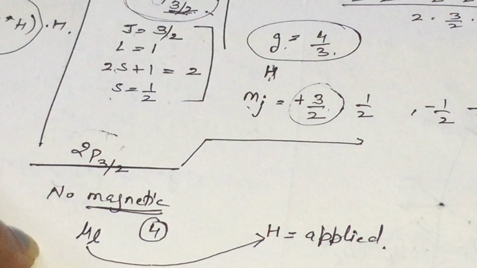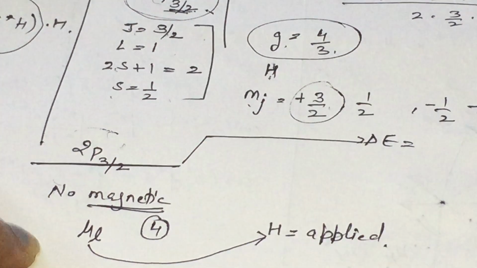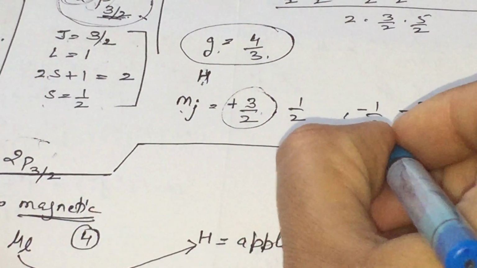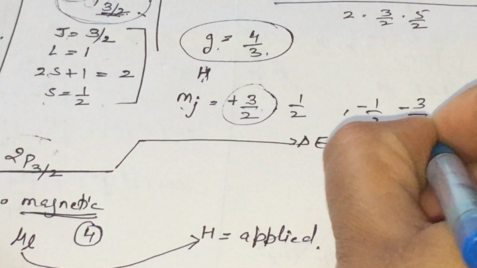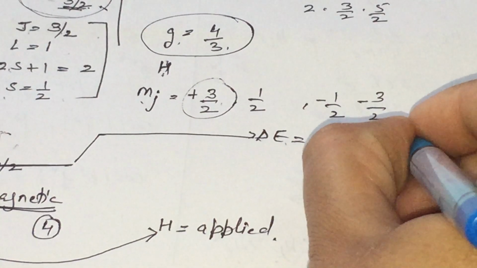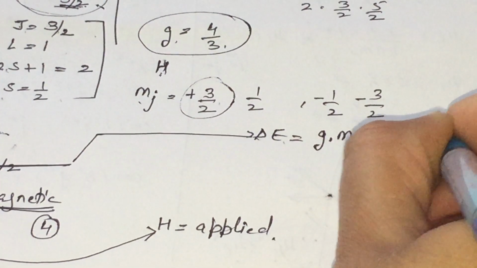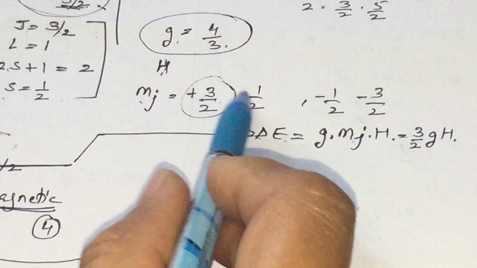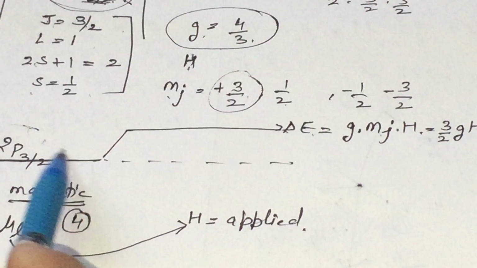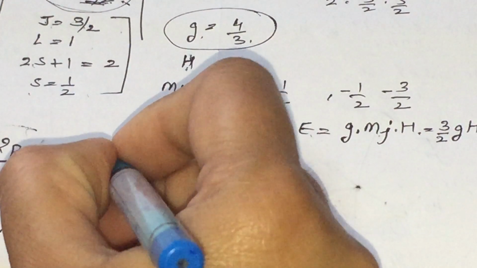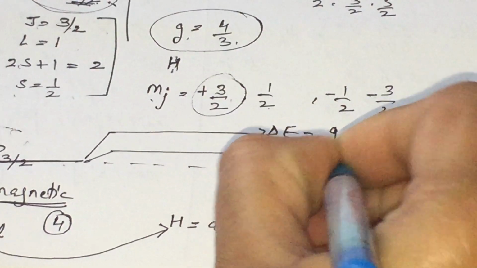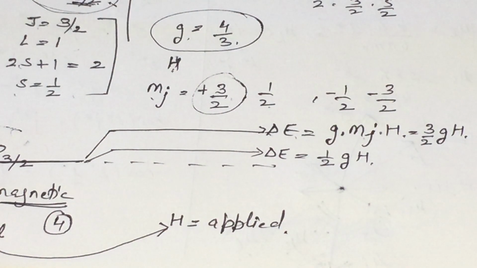And in our case for mJ equal to 3/2, the change in energy is equal to, in terms of Bohr magneton, g times mJ times H. In our first case, when mJ is equal to 3/2, the change in energy comes out to be 3/2 times g into H. Similarly, for the second value of mJ, the change in energy from the undeviated state, when no magnetic field is applied, I will have the energy shift equal to 1/2 times the Landé factor times the applied magnetic field.